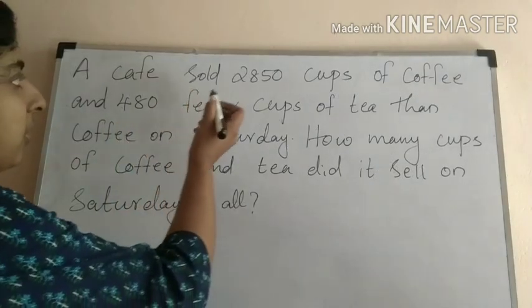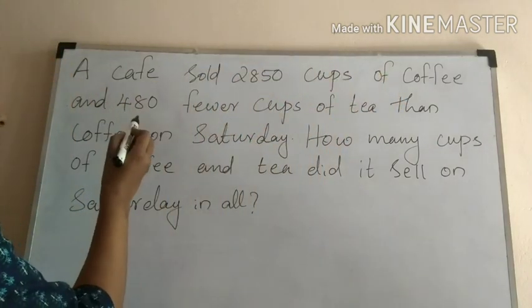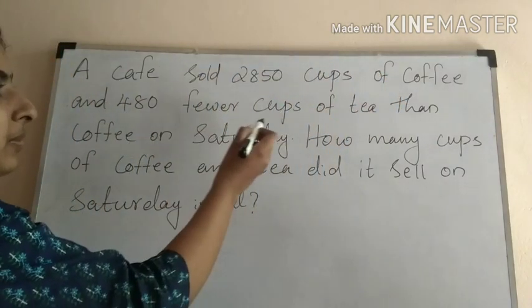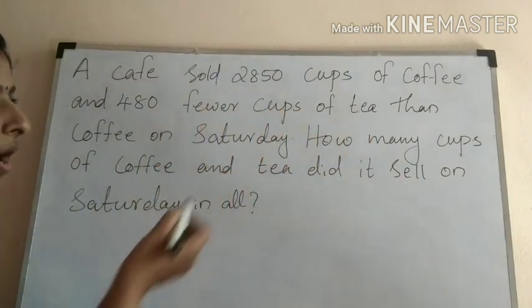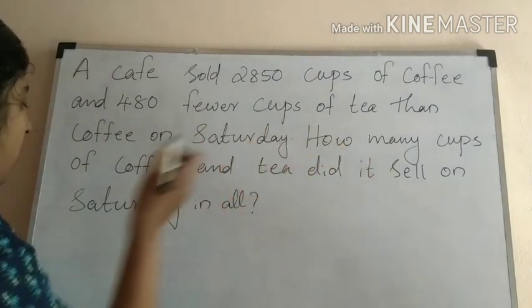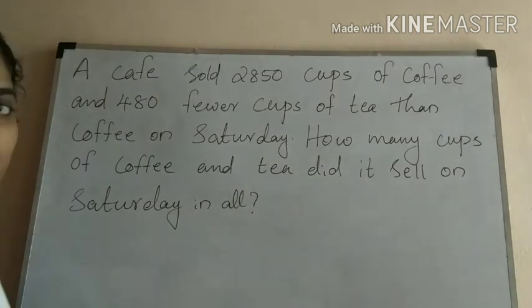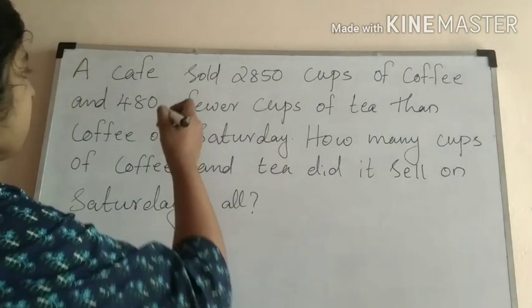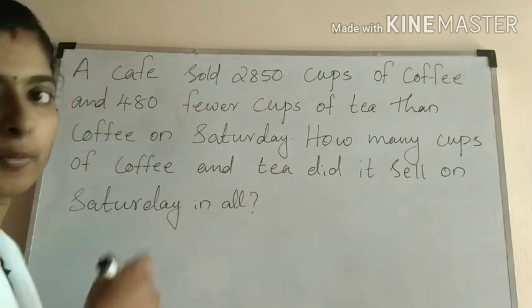A cafe sold 2,850 cups of coffee and 480 fewer cups of tea than coffee on Saturday. How many cups of coffee and tea did it sell on Saturday in all? See, what is the meaning of this question? Cafe sold 2,850 cups of coffee.